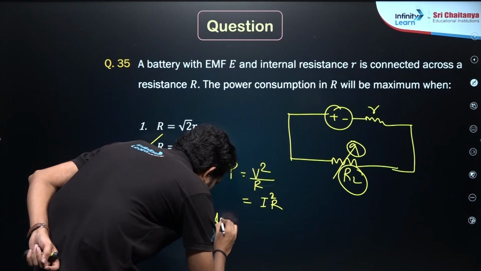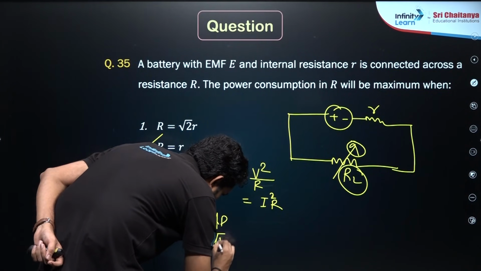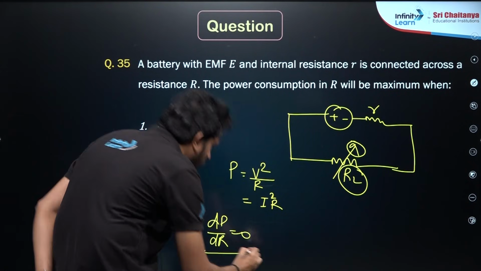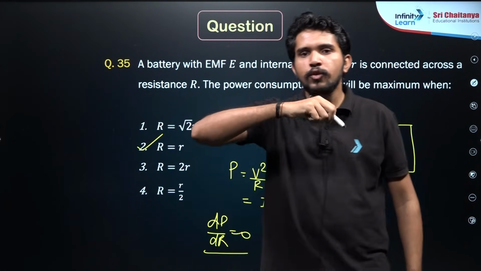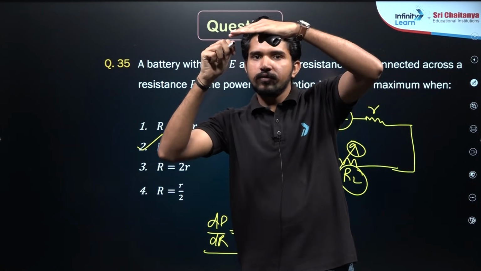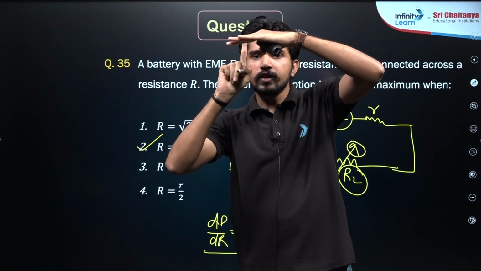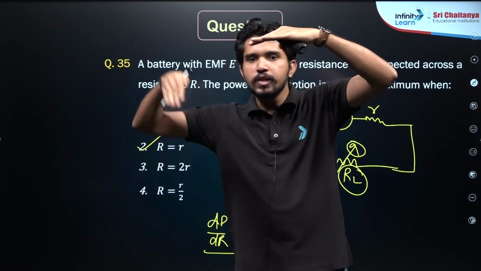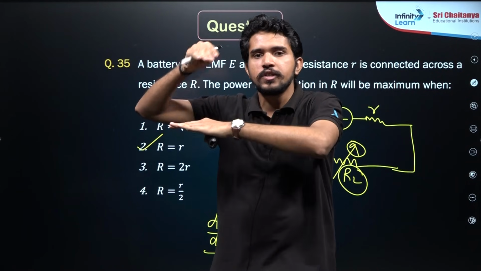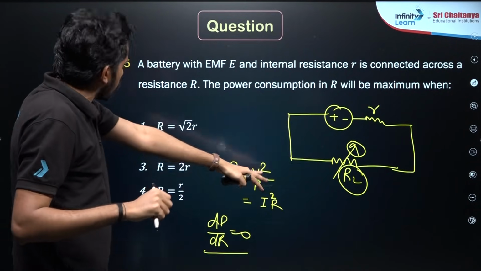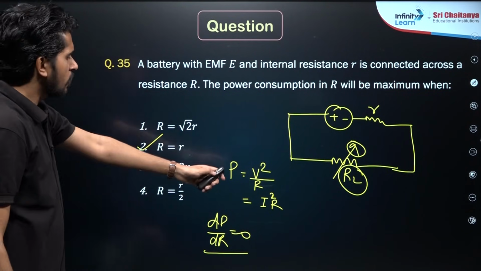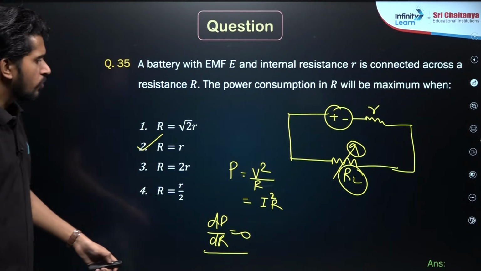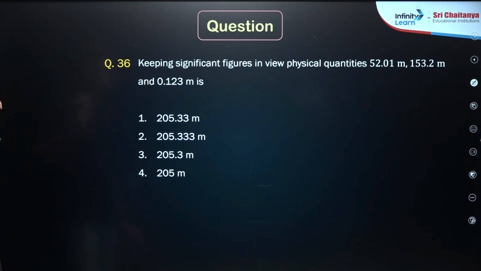So dP by dR equals 0. In mathematics you have studied the concept of maxima. There also differentiation of the curve would be 0. At the minima also differentiation would be 0. So by the concept of maxima and minima, the answer would be 2, and this is very simple. So we are moving to the next question.